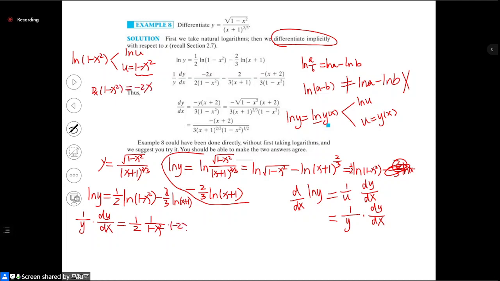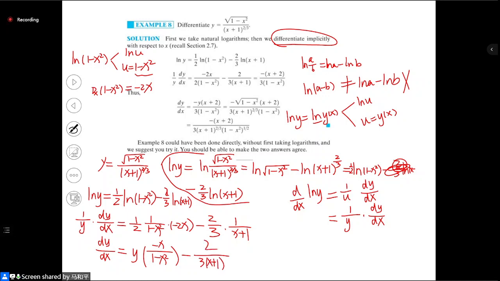And minus 2 over 3 is the constant, times ln(x plus 1), whose derivative is 1 over x plus 1. From this equation, we find dy over dx by multiplying by y. So it's y times (minus x over 1 minus x squared minus 2 over 3(x plus 1)).